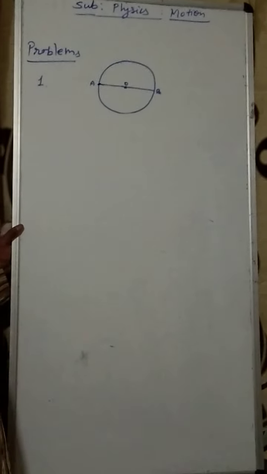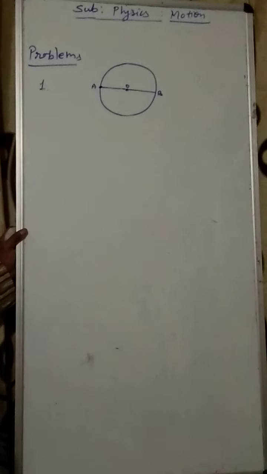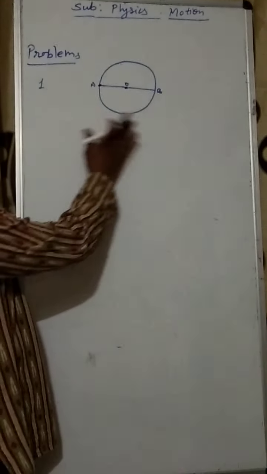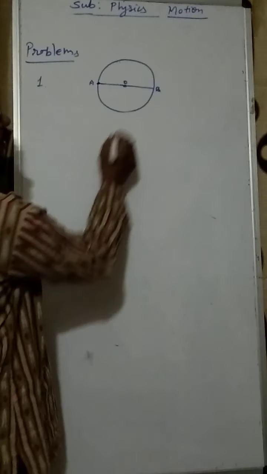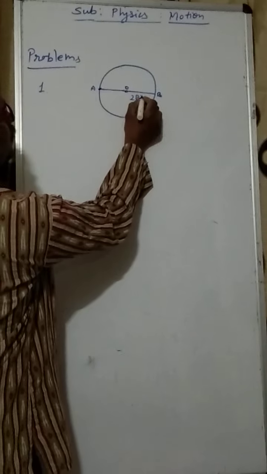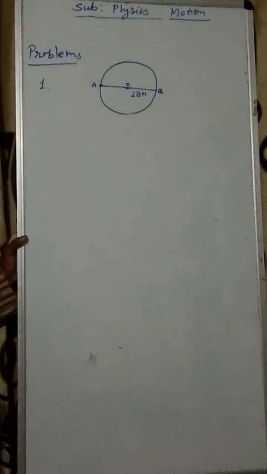Now I am going to give you two problems related to distance and displacement. One problem is related to circular path. Here I am giving you a circle of radius 28 meter.